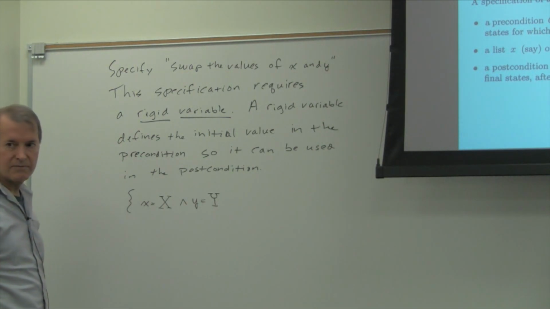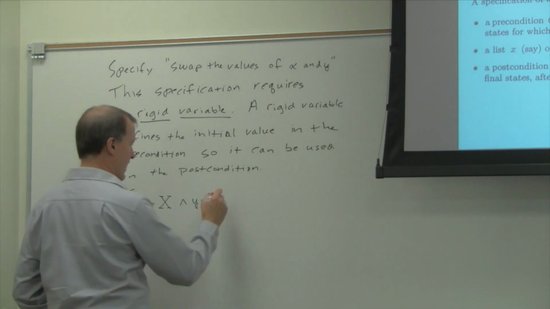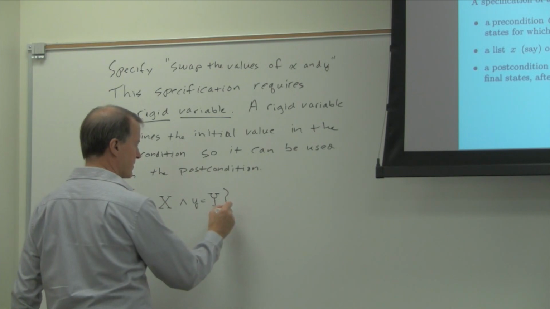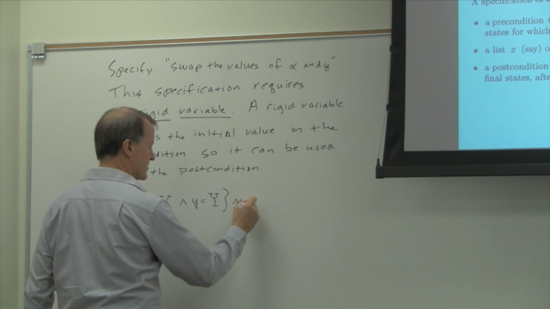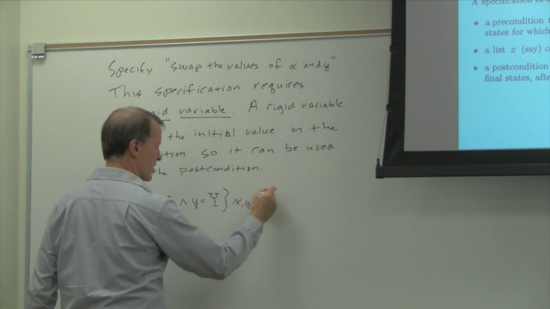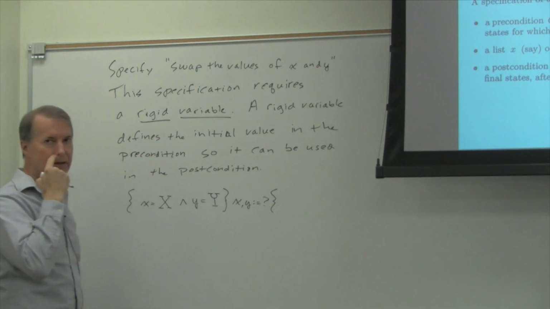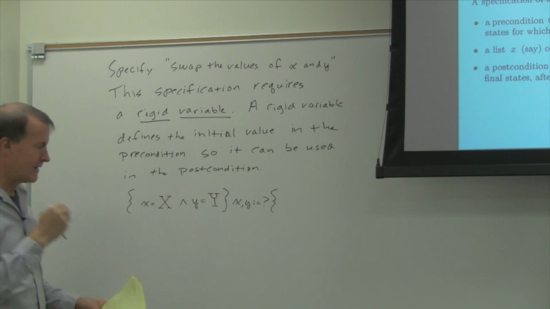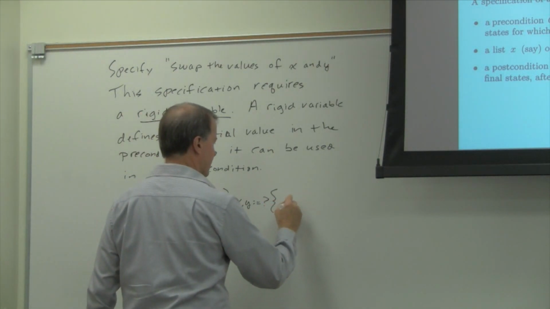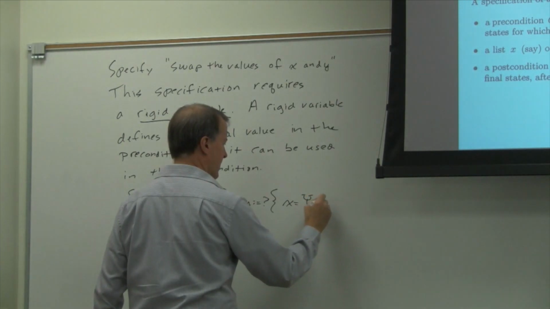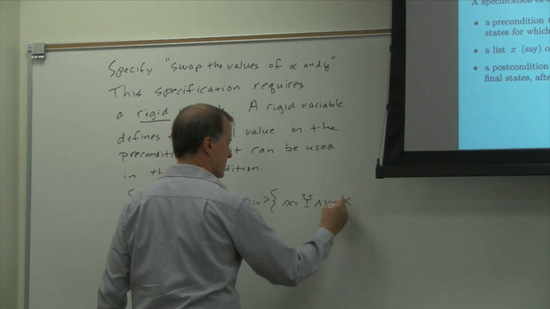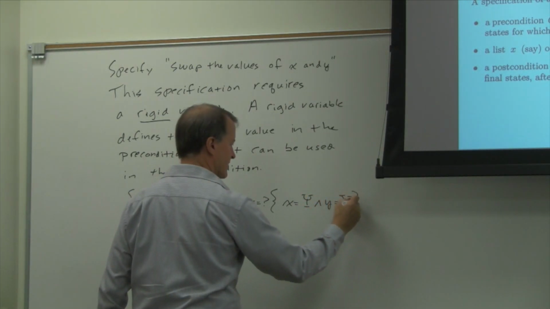Are we good? And now x, y gets question mark, so they are changed. And in the end, x equals rigid Y and y equals rigid X.